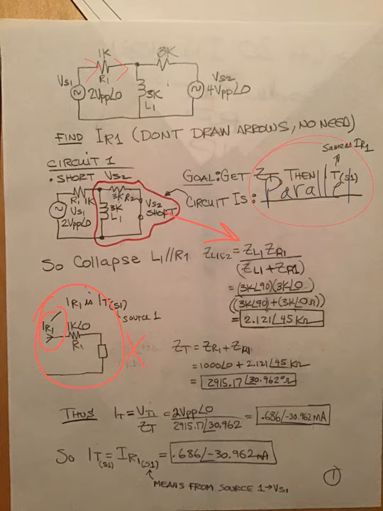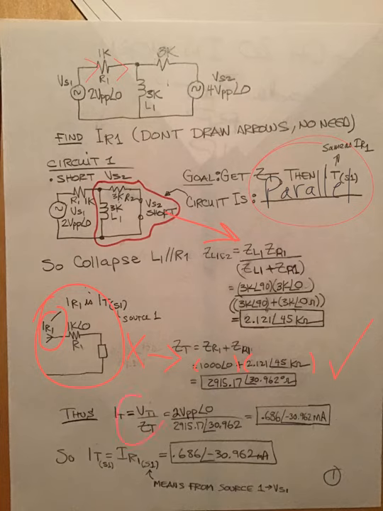So the best way to find total current is to get the total impedance. I recommend you try these and don't forget to put brackets around everything or the answers will come up with errors. And our ZT is 2915.17 at 30.962 ohms.